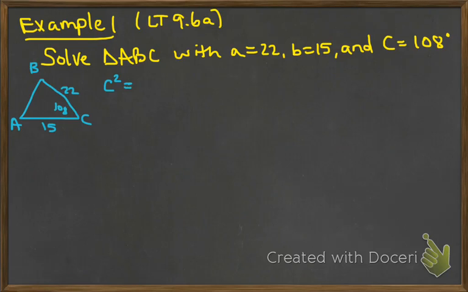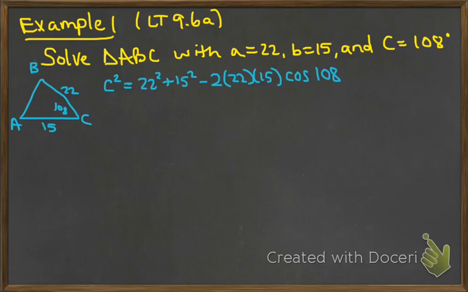So C squared is equal to 22 squared plus 15 squared, minus 2 times 22 times 15 times the cosine of the angle C, since I'm looking for side C. In this case, it's 108.